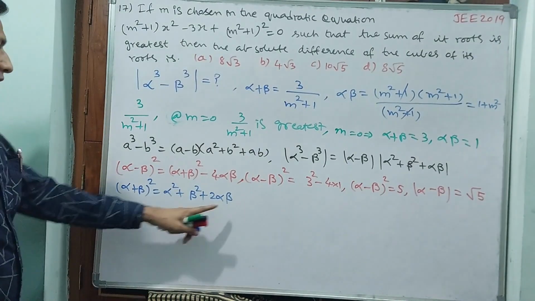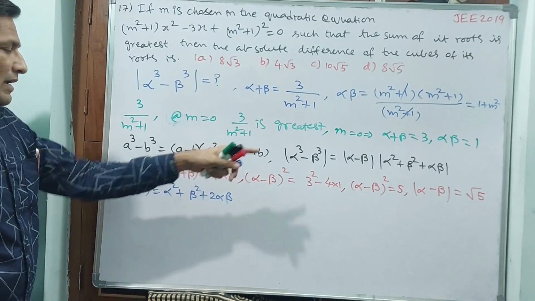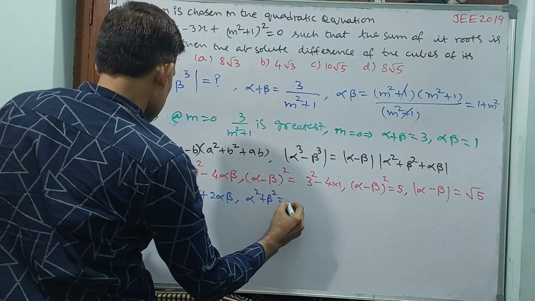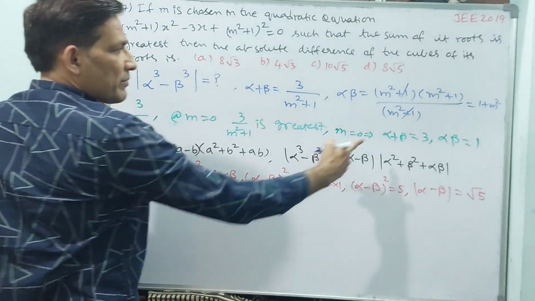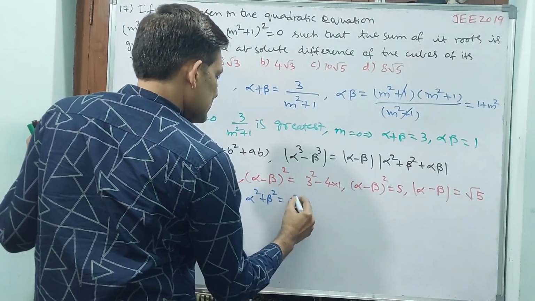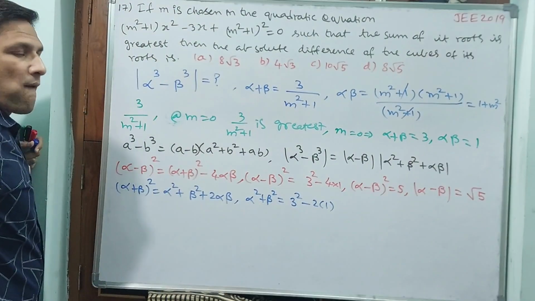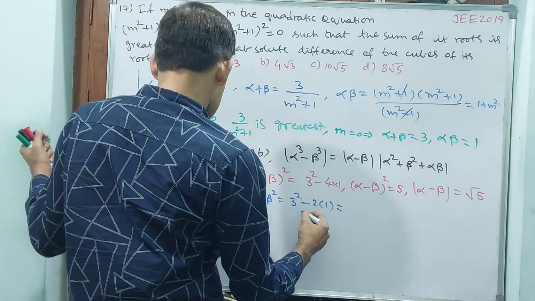Alpha beta you know, alpha plus beta you know, so alpha square plus beta square can be known. Alpha square plus beta square is equal to alpha plus beta whole square minus 2 alpha beta, which is 9 minus 2 into 1.